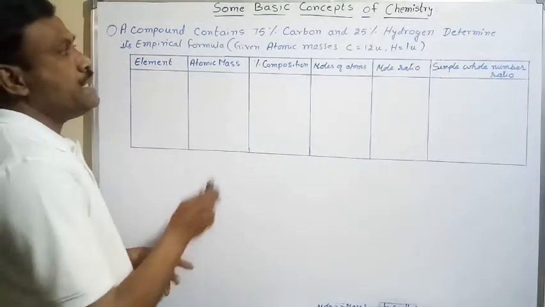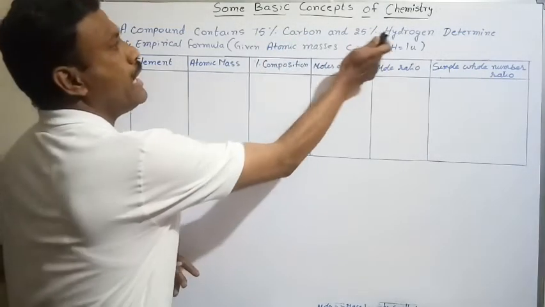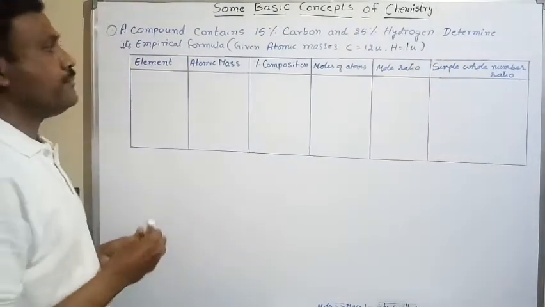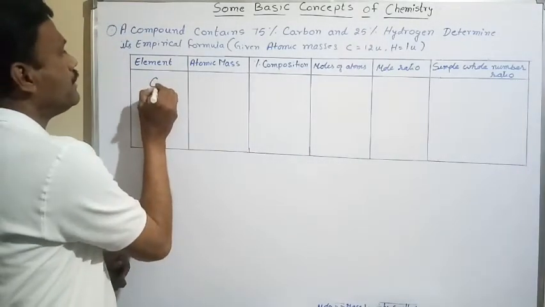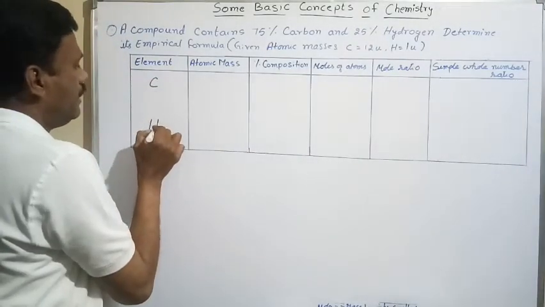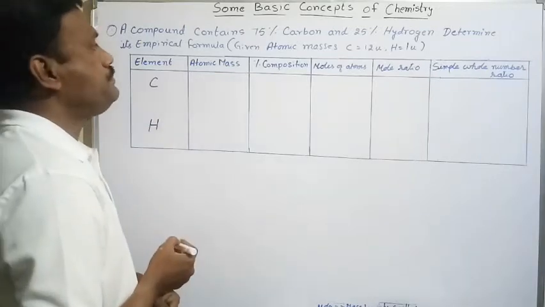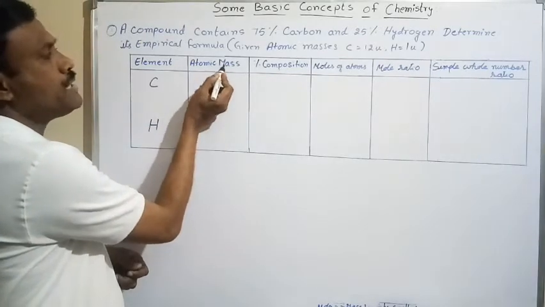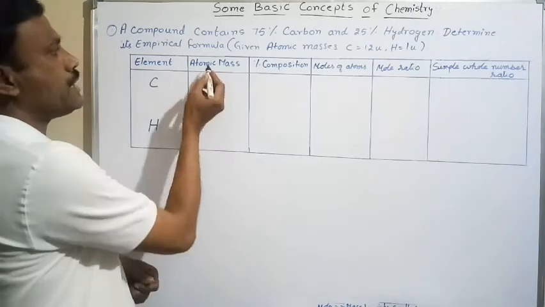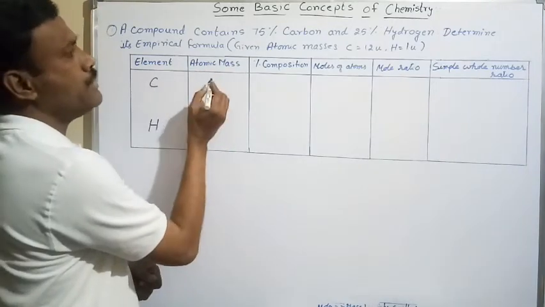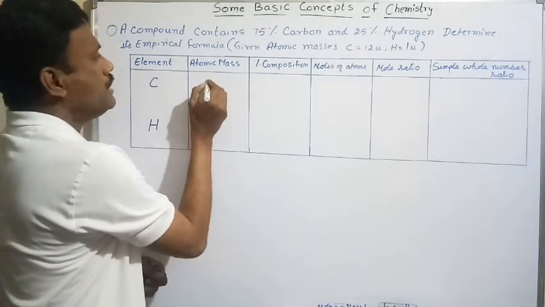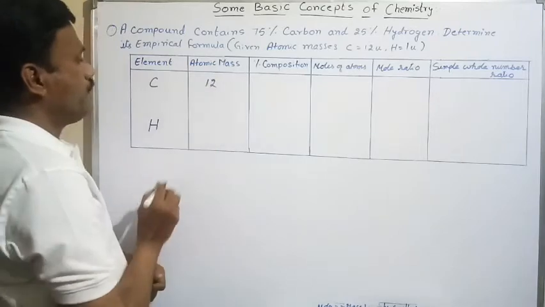The elements present here are carbon and hydrogen. Atomic mass of carbon is 12.